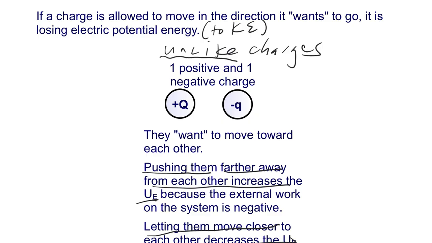If you release these two objects from their positions, they're going to spontaneously come together, closer together, and that electric potential energy will therefore transform into kinetic energy. The electric potential energy would decrease, the kinetic energy would increase as the charges move towards each other.